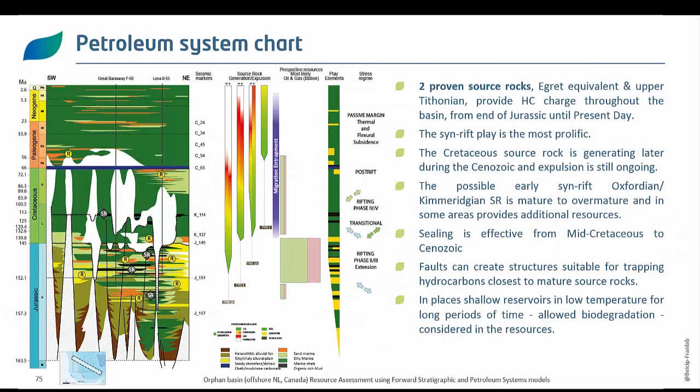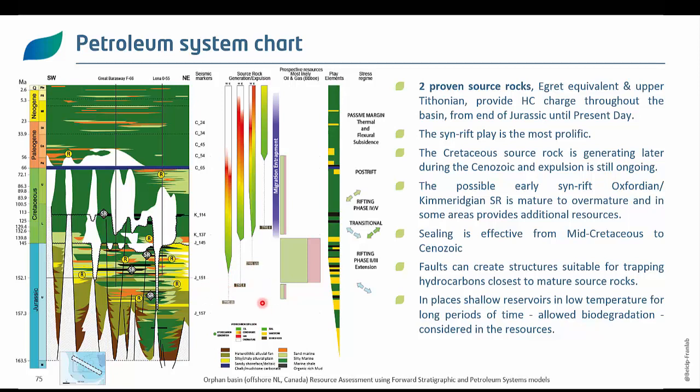So I propose here a synthetic petroleum systems chart that illustrates the components: the timing of generation, the expulsion, the migration, and entrapment of hydrocarbons. So two proven source rocks here, the Great equivalent and an Upper Tithonian one, provide hydrocarbon charge throughout the basin from the end of Jurassic until the present day.